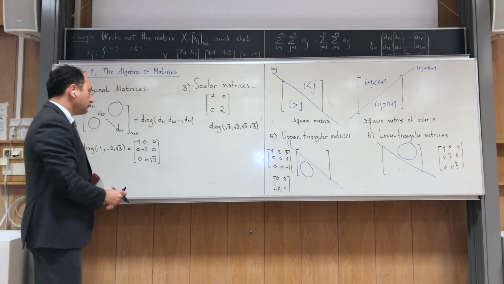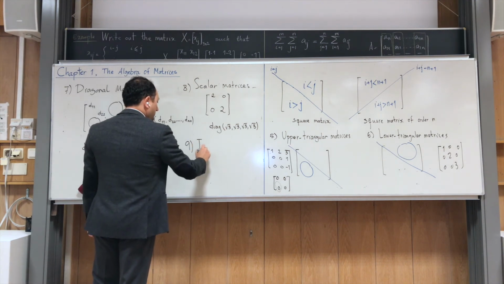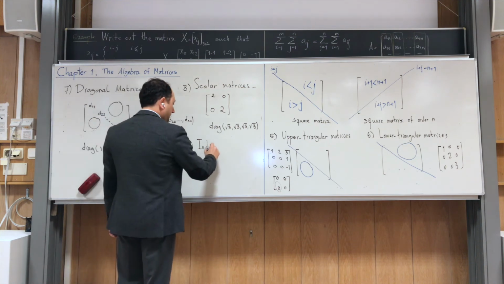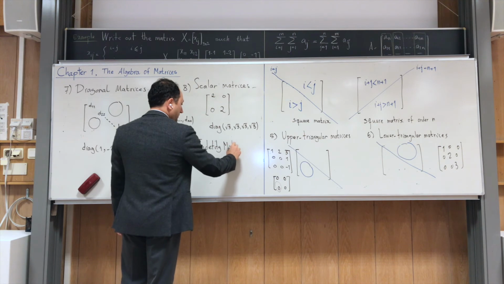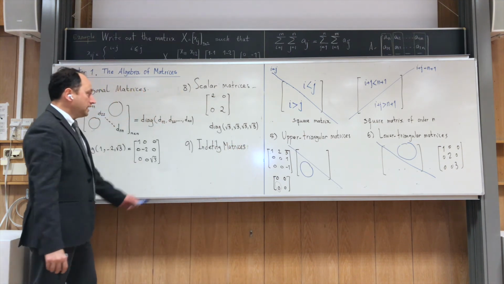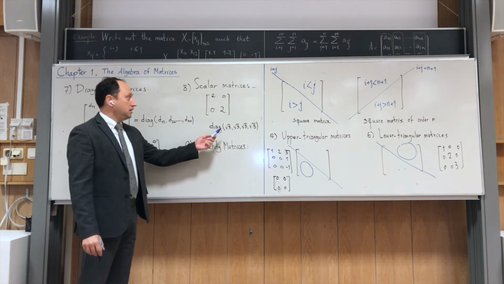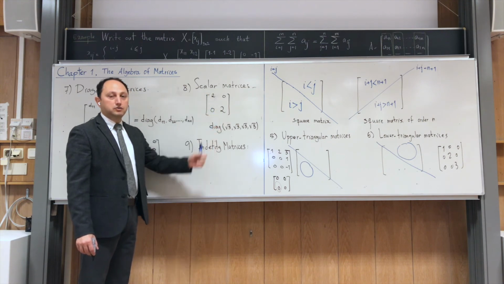Okay. And finally, the last category is called identity matrices, which actually play a vital role in the theory of matrices. Identity matrices are scalar matrices for which all the entries on the main diagonal are equal to 1.